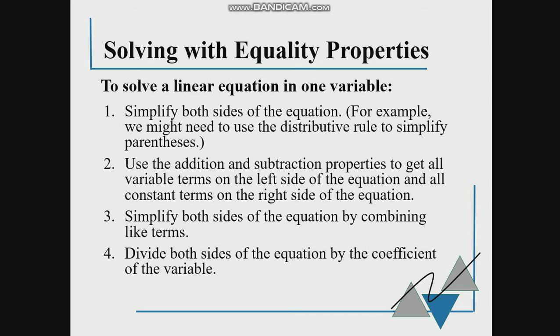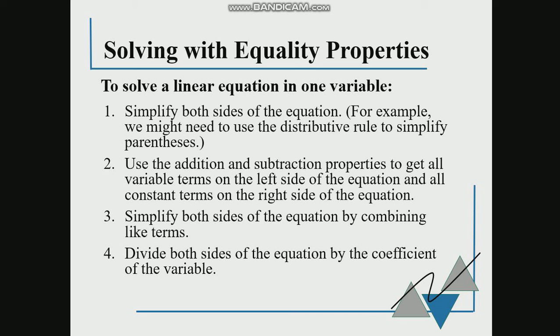Step 1, we're going to simplify both sides of the equation. We might need to use the distributive rule to simplify parentheses. We might need to multiply by a common denominator. We'll see an example of that if we have fractions. So that's our first step, is to simplify.